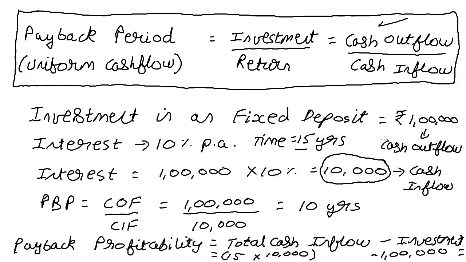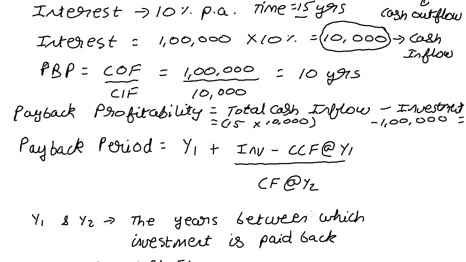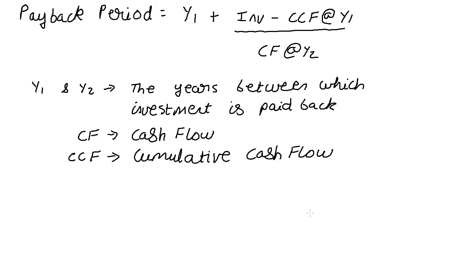You're going to get different amounts every year, and that is what we would call non-uniform cash flow. So our next method for calculating payback period is using the formula for non-uniform cash flow.